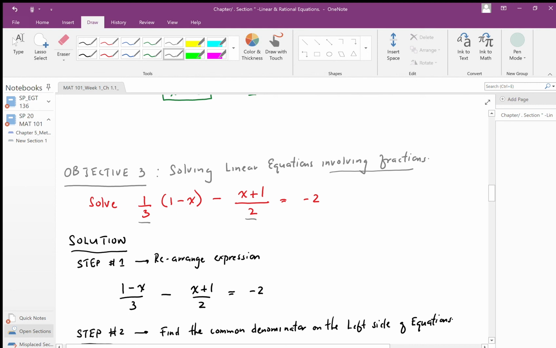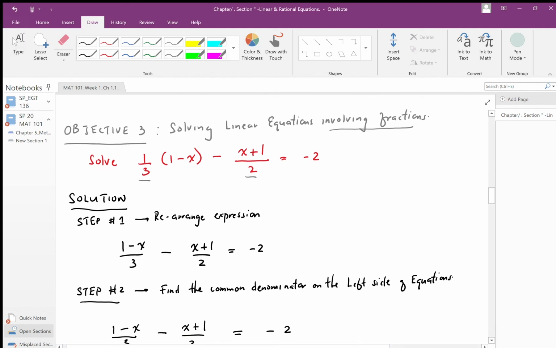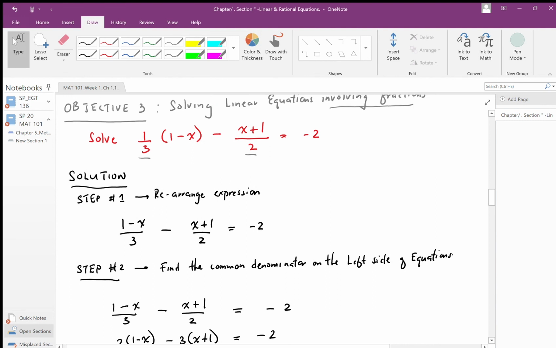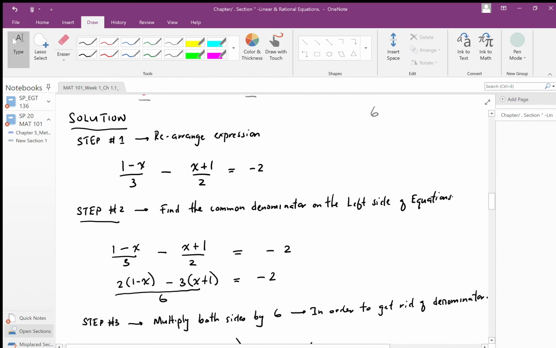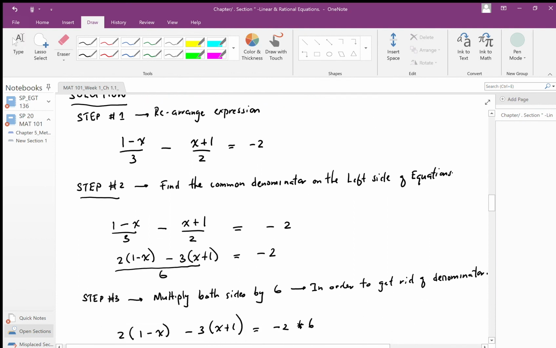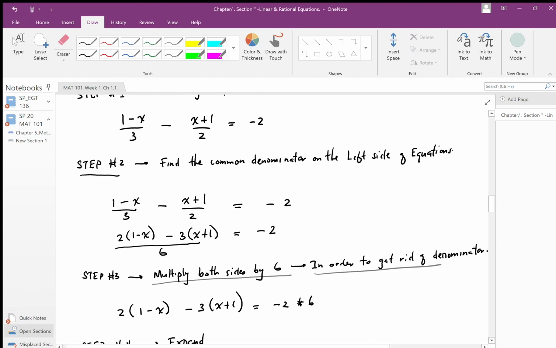And how do we do that? We want to find a number that both 3 and 2 can go into. And what number would that be? That would be 6, right? So if we multiply through by 6 on both sides, this is what we're going to get.